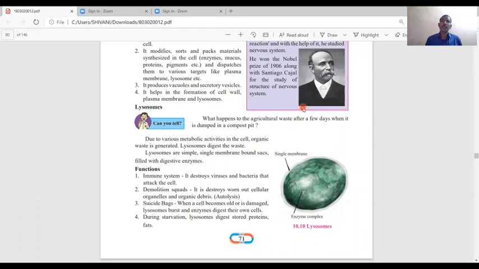When we dump agricultural waste in a compost pit, after some days the agricultural waste decomposes and forms compost. Such compost increases the fertility of the soil. When the fertility of the soil increases, we get a higher yield.